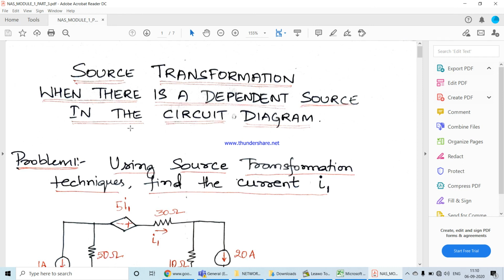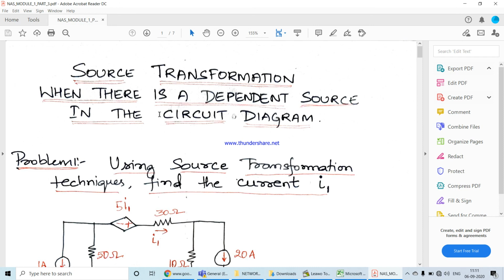The technique is similar to what we did earlier, but you should be cautious with the dependent source because it will always be dependent on some other parameter in the given network. If you keep that in mind, the transformation is similar to what we did earlier.